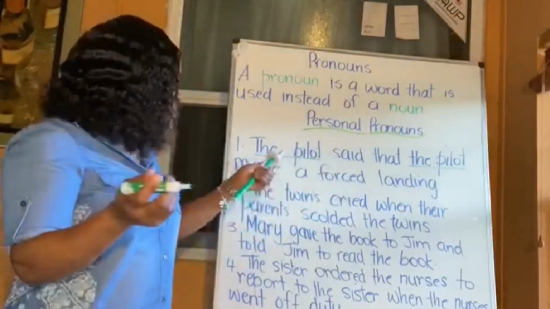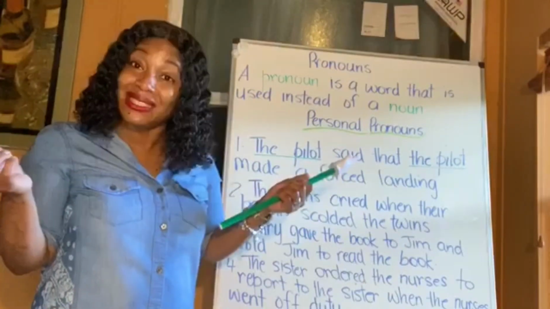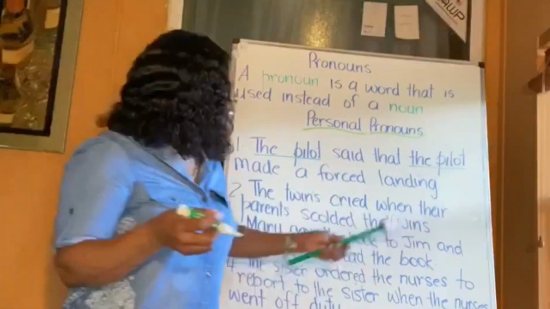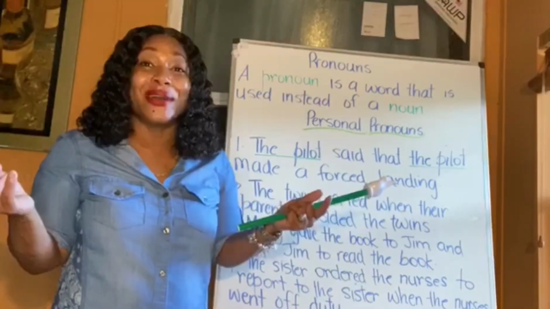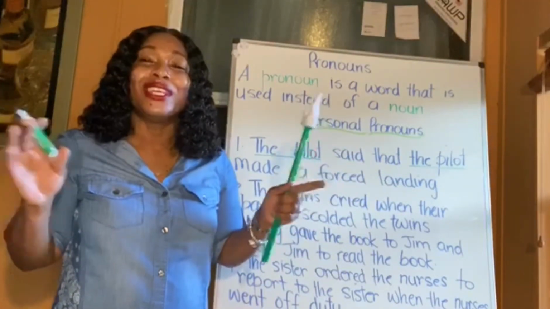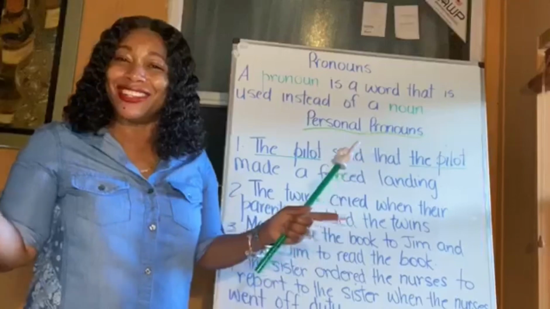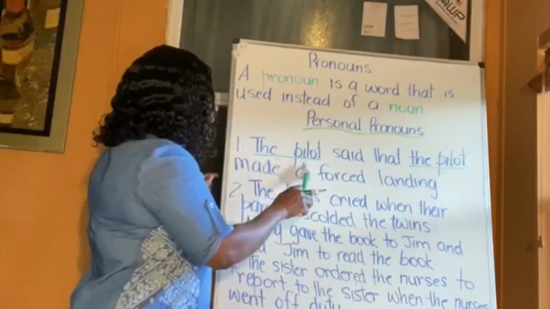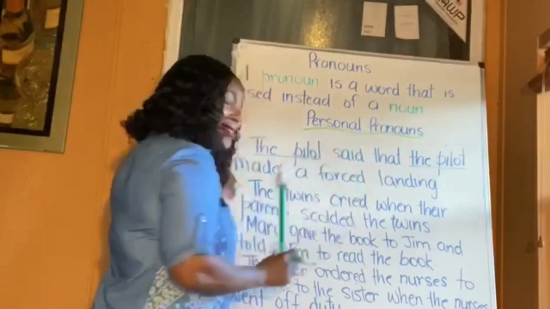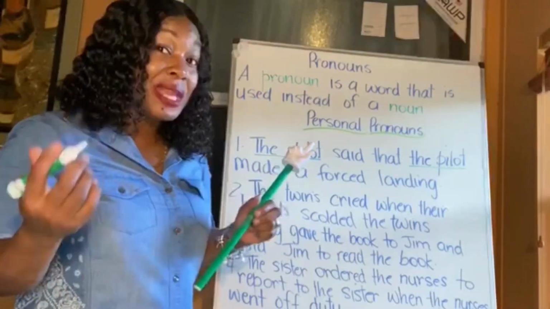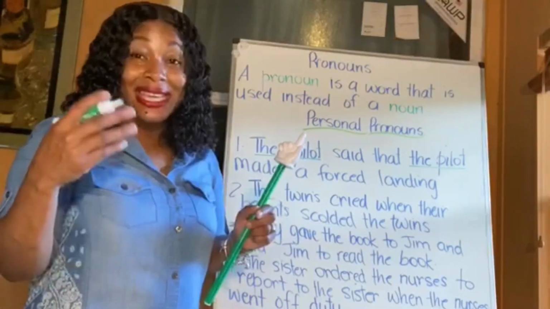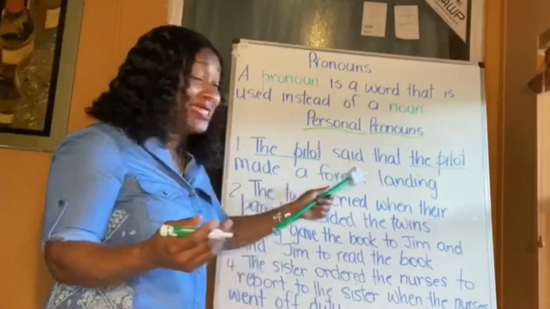Now, we already know that it's the pilot that said it. Why do we need to say the pilot again? This is where pronouns come in and help us to stop the repetition. So, the pilot said that. Which pronoun would fit? If it's a male pilot, it could be he made a forced landing.